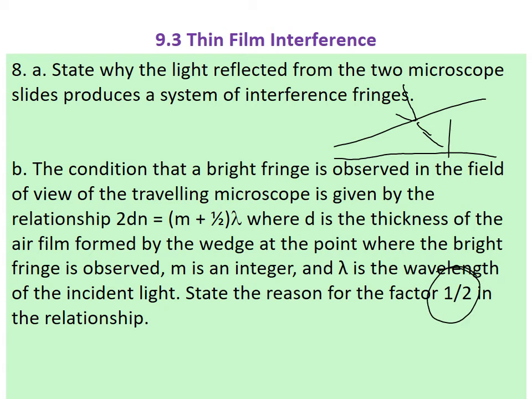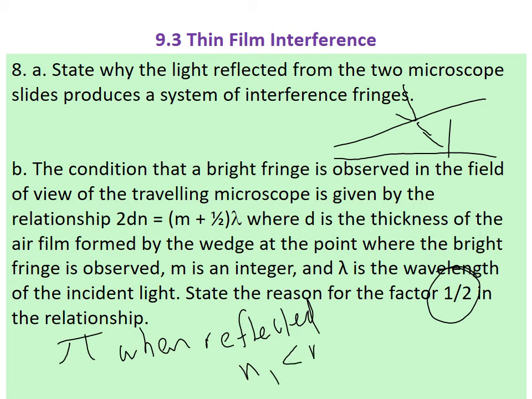So for this explanation, I want you to discuss how a wave gets inverted by pi. A wave is shifted out of phase by pi when it's reflected at a boundary where n1 is less than n2.